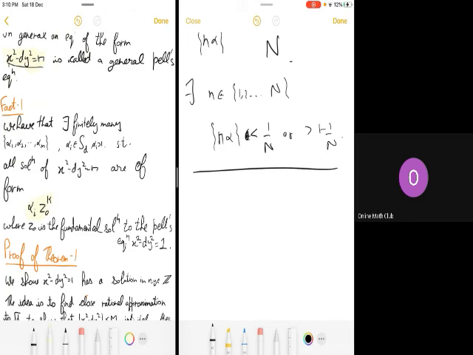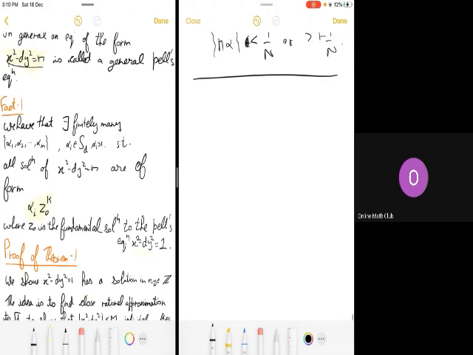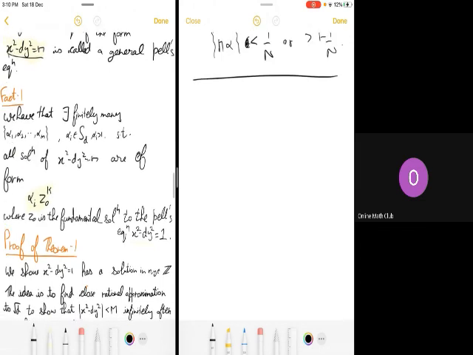And the idea is that you can try to prove this and make classes modulo n, so separate them into classes modulo n.